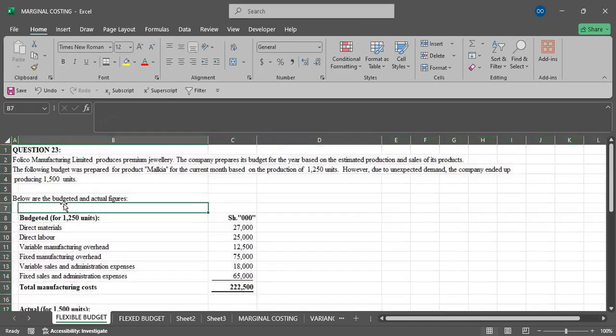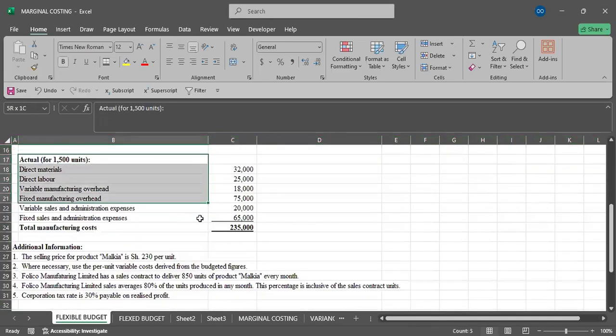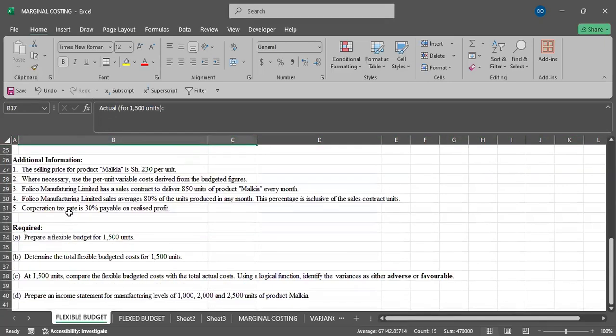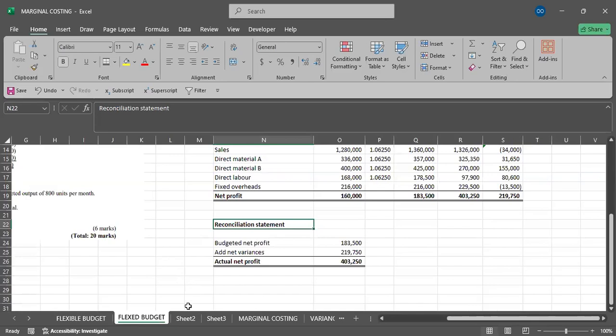They were given the budgeted activities and actual results, then told to prepare a flexible budget for 1,500 units, determine the total flexible budget cost of 1,500 units, and prepare an income statement of this company at different levels of production. So this concept is there with you. So long as you are doing the CPA course, you must be able to understand how it works.